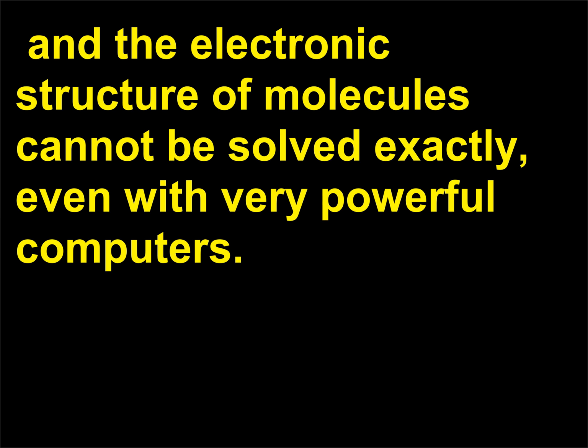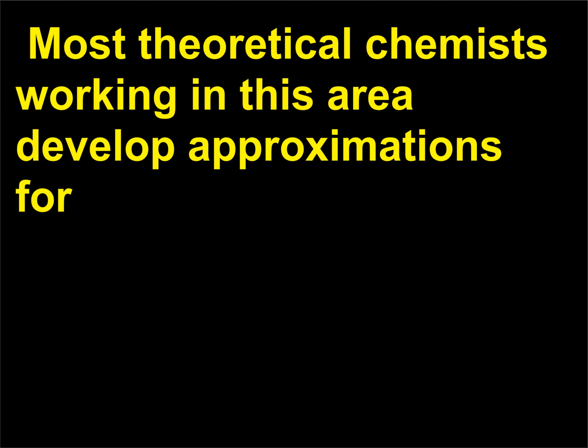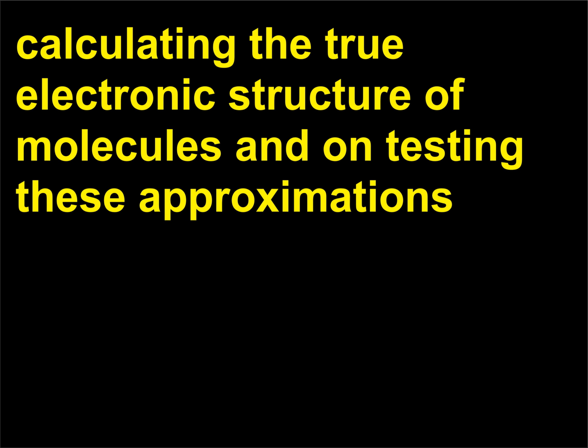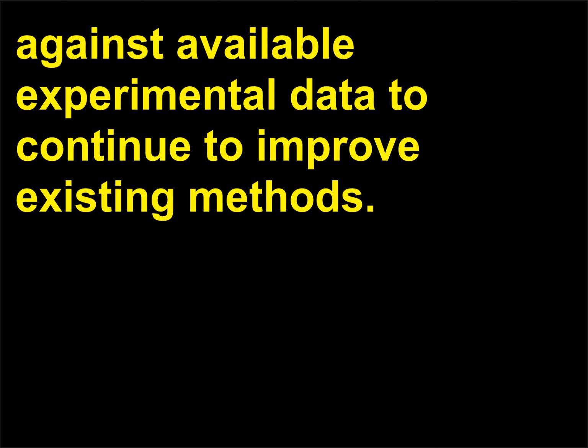And the electronic structure of molecules cannot be solved exactly, even with very powerful computers. Most theoretical chemists working in this area develop approximations for calculating the true electronic structure of molecules and on testing these approximations against available experimental data to continue to improve existing methods.